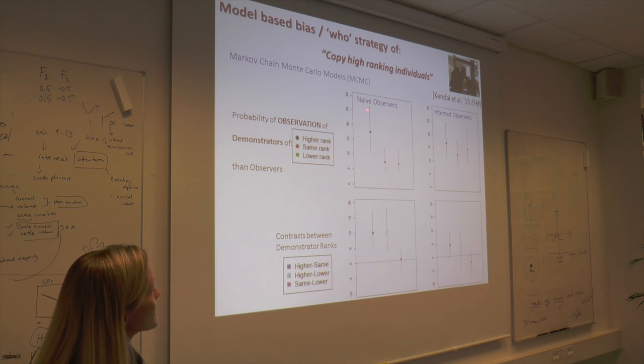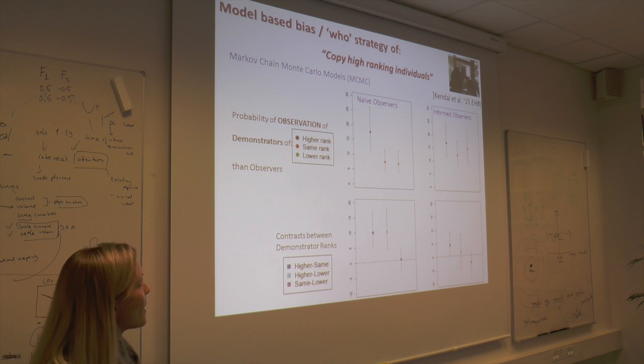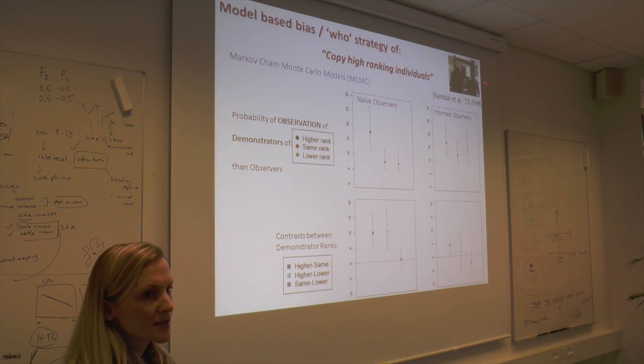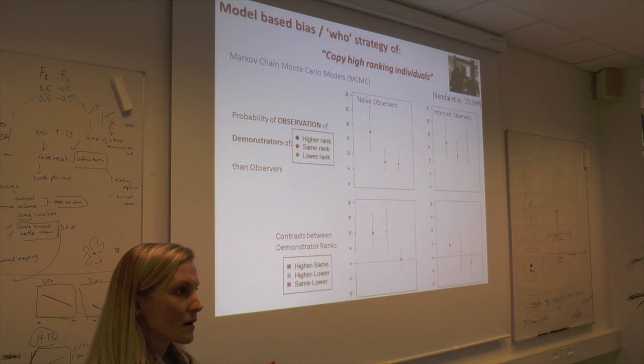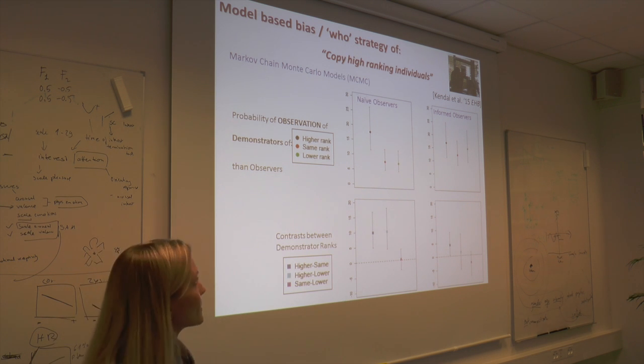And we could split the data because we knew exactly who had seen what and when. We could split the data by whether individuals were naive when they were observing, so they'd never interacted with the task before, or whether they were informed, so they'd had at least one interaction.